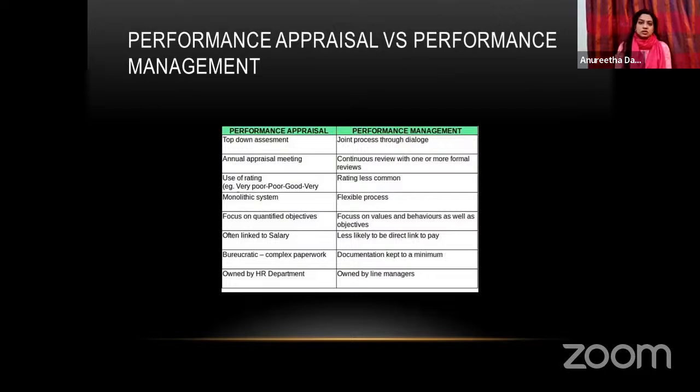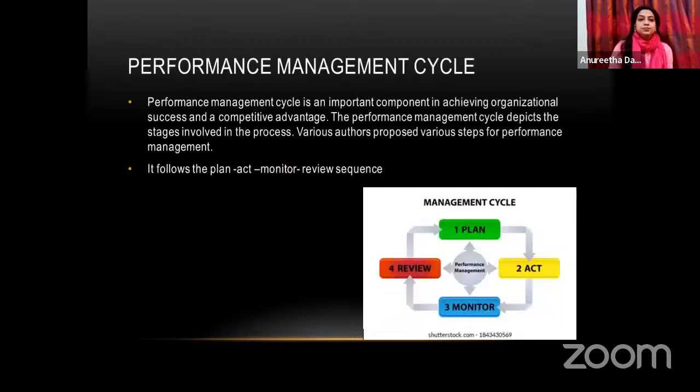It is also definitely linked to payment, to our salary, but it is more flexible. It is a very common procedure where the reviews are taken in a standardized format, and everybody's values and behaviors are taken into account. So that is the difference between both of the topics that we have learned.